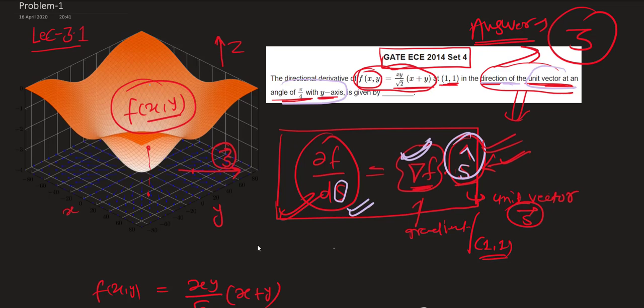Because the derivative, or simply the rate of change of this function, will depend on the direction. So we have to know the direction if we want to find the derivative. That is why we are given the direction. Okay, so that's it. Thank you.